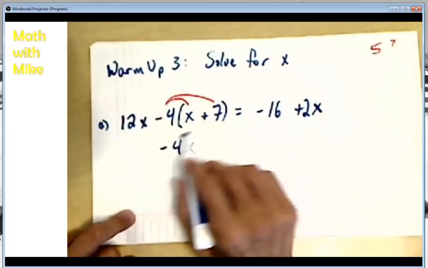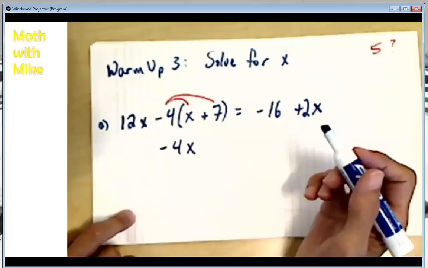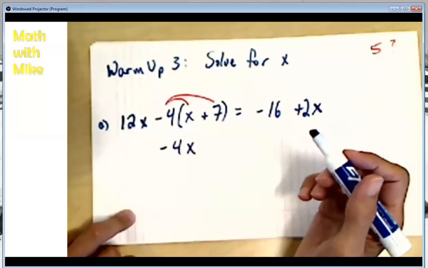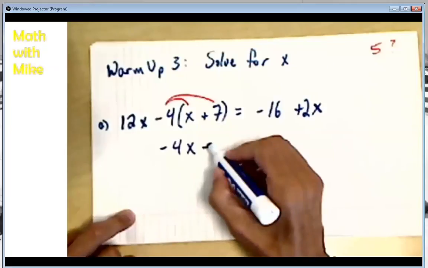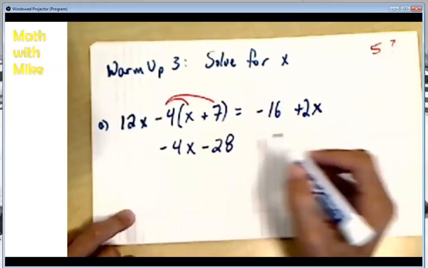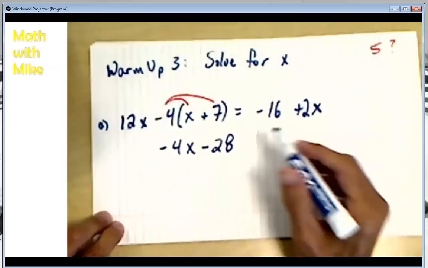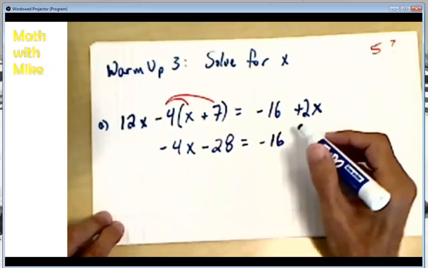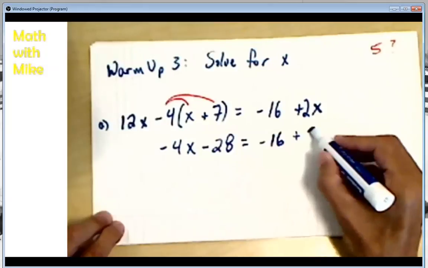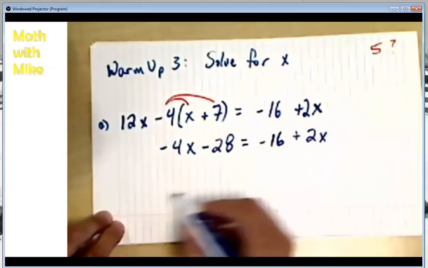And minus 4 times plus 7 is minus 28. Everything else just stays as it is. Good.